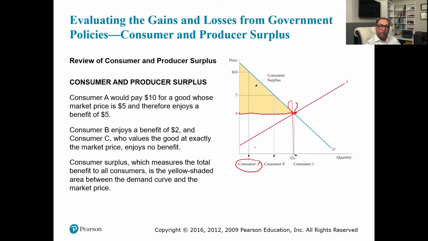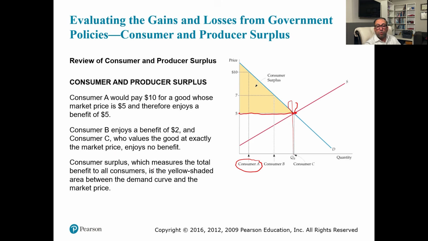So the $5 difference is the consumer surplus for consumer A. Consumer B's willingness to pay is $7, but he is paying again the $5, which is the market price. So consumer B's consumer surplus is only 2. Consumer C's willingness to pay is 5 and the market price is 5, so the consumer surplus is 0.